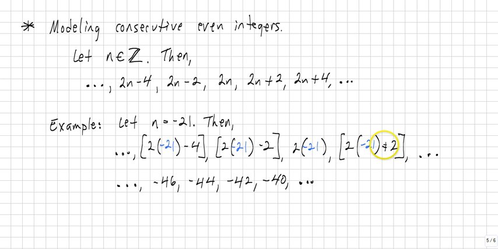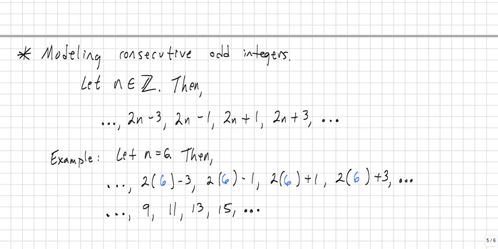And then if I add 2 to that, I get negative 40, which is the next even integer as I work my way right on the number line. If I subtract 2, I get negative 44, which is the integer to the left of negative 42. If I subtract 4 from it, I get the one next to it, which is negative 46. And I can keep going in either direction. I'm only showing you a few. So this right here can get us consecutive even integers.